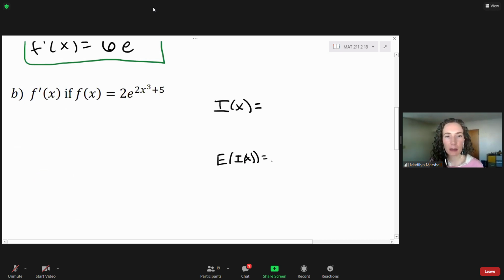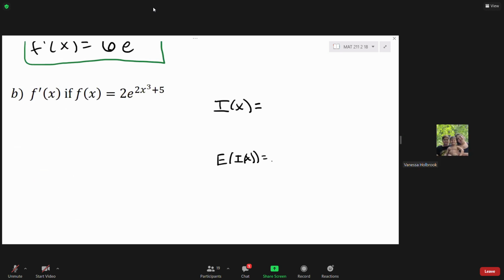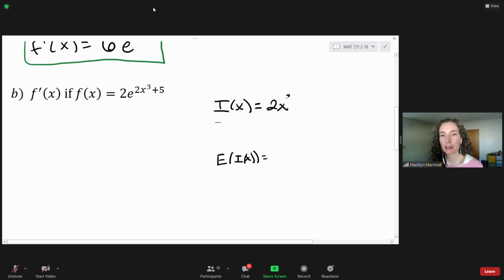So it might even be helpful to identify the interior first. It sort of depends. So what are our interior and exterior here? Is interior 2x to the third plus 5? Yes, exactly. That whole exponent part.